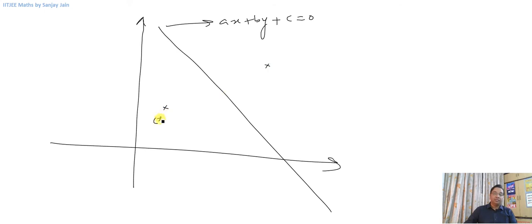Let us say, considering this point as x1 y1 and this point as x2 y2. I should have written this point above it, just so that the diagram is clear. All right, so this point is x1 y1, this point is x2 y2, and this is the line that we will be talking about.